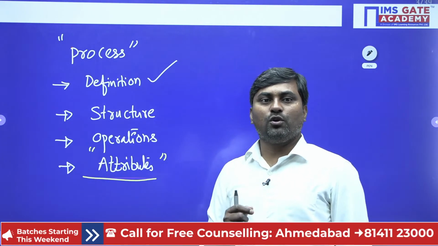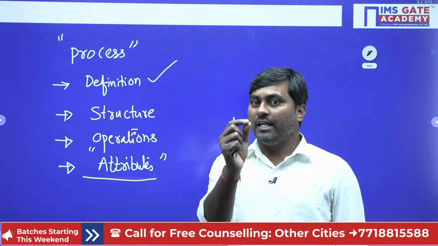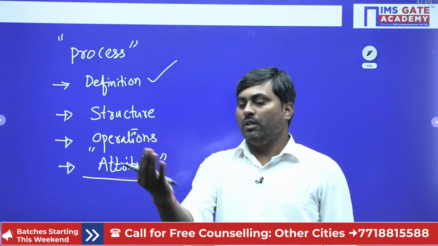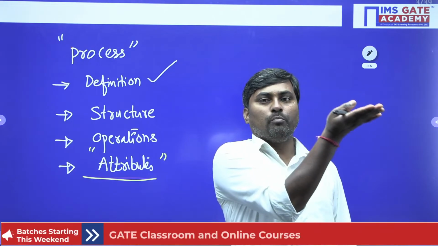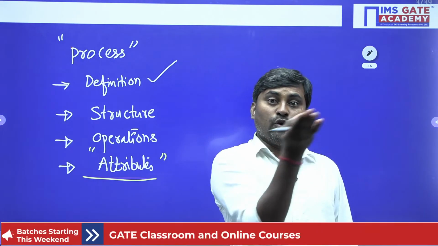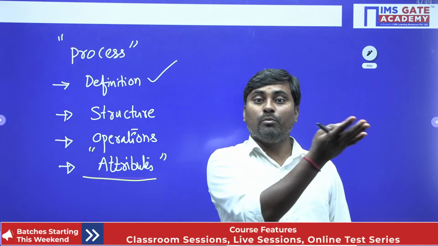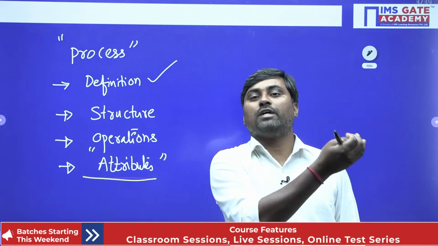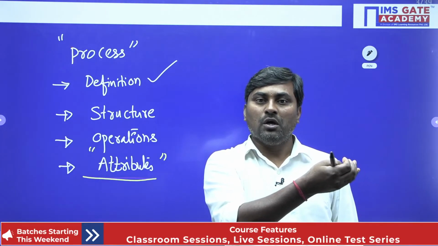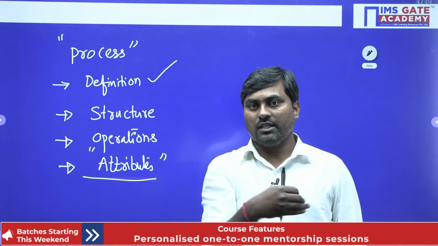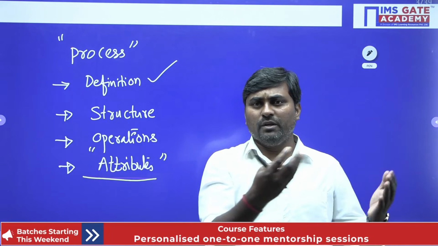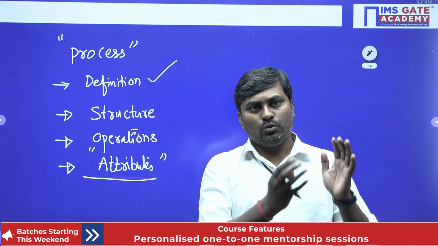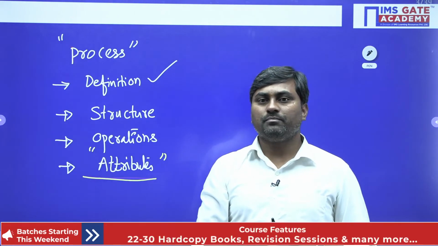The definition is absolutely fine. When you load the program image into main memory, it becomes active. Active means it is associated with various resources like memory, files, CPU registers, CPU clocks. Many things it will start using. That moment we call it a process.